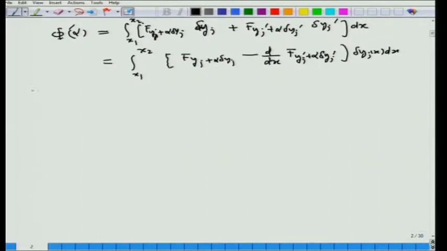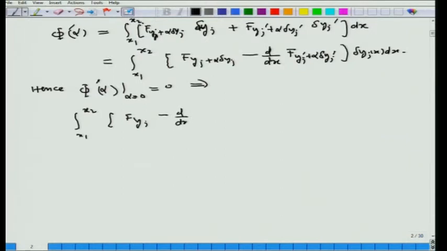And so, hence phi'(alpha) at alpha equal to 0 implies that the integral x1 to x2 of [f_yj minus d/dx f_yj'] delta yj dx equals 0.